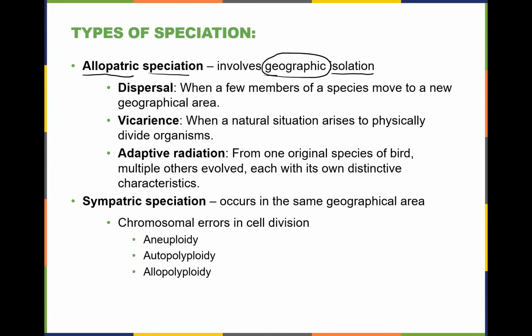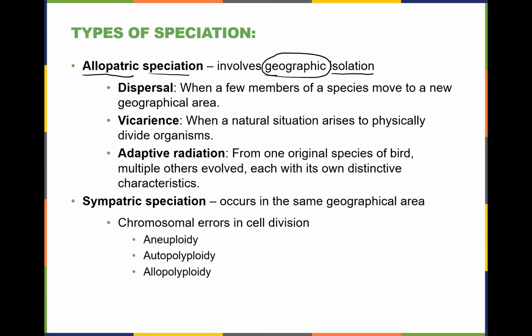And even inside the Galapagos Islands, they also evolved into different types of species. So for allopatric speciation, the example is that the species in the Galapagos Islands is different from the species in mainland South America. This is speciation because of geographic isolation.